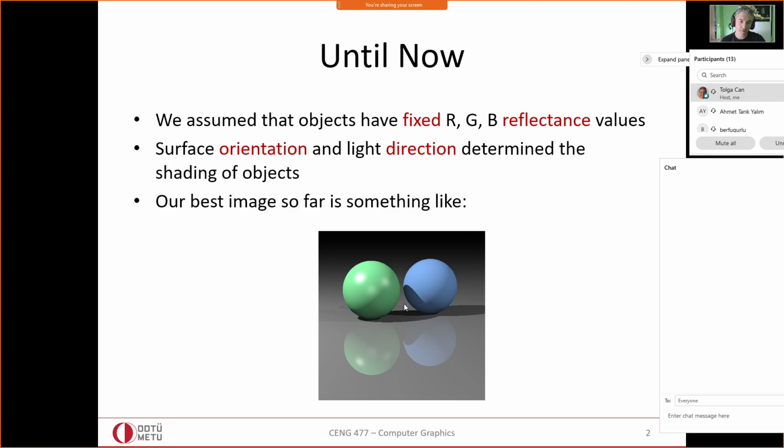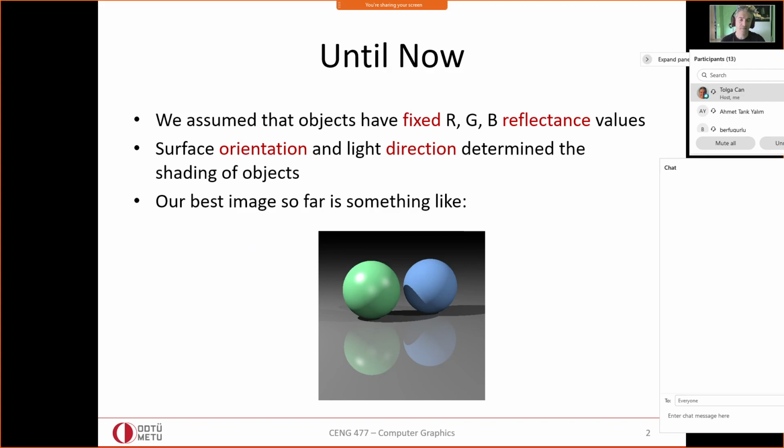All right, so how can we incorporate this to increase the realism in our scene? The way to do that is to have a mechanism to assign a different color at every point on this sphere. So we need a mechanism to map a two-dimensional image, which we call a texture.